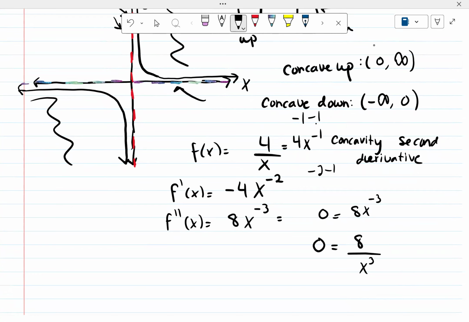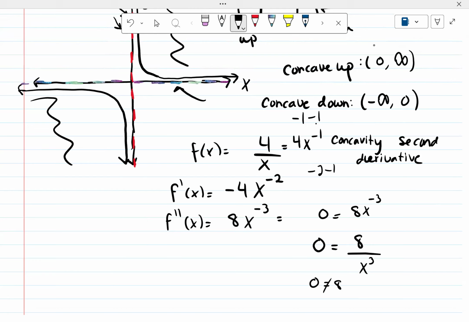What would be our critical value? Because if you cross multiply, it's going to give you 0 equals 8, which is false. It wouldn't be right. Did you also know that if you have a rational function, a critical value is also where it makes it undefined?